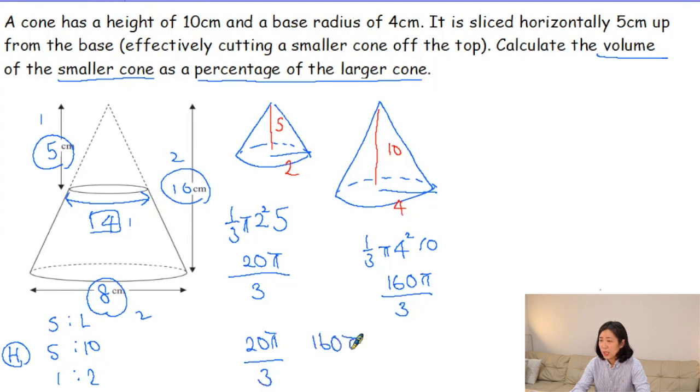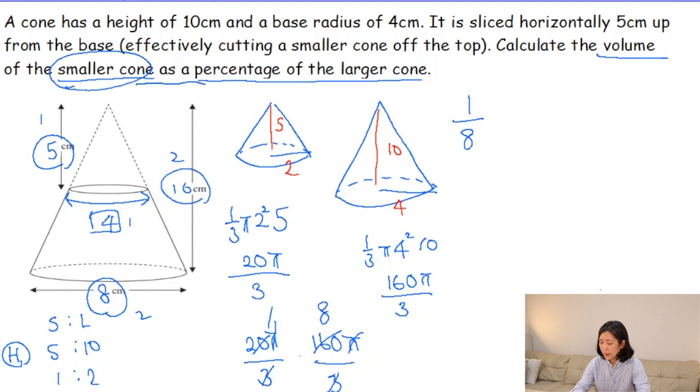To make it into whole numbers, first I'm going to times by 3 to remove the denominator, then divide by pi to remove it, and also divide by 20. That is simply the ratio between the small cone and larger cone: 1 to 8, right? So the 1 to 8 means the small cone is 1/8 of the big cone.